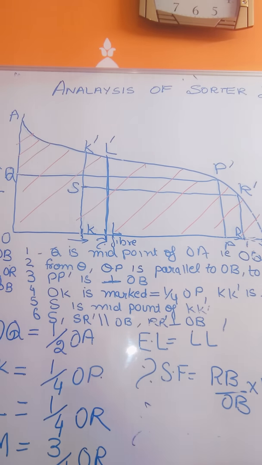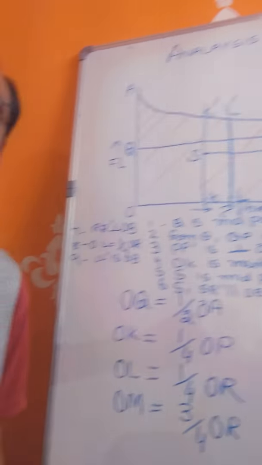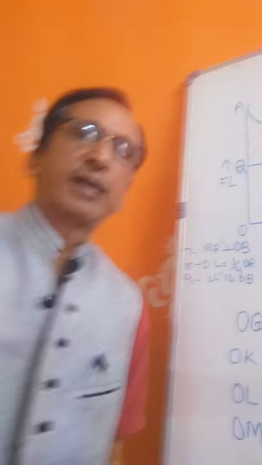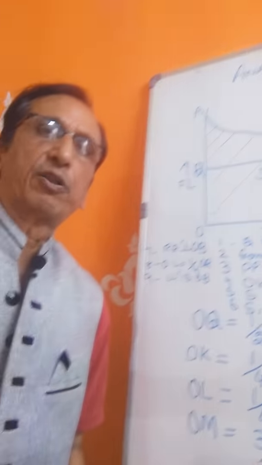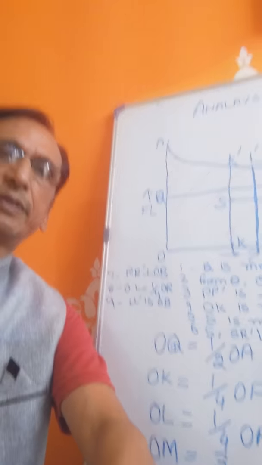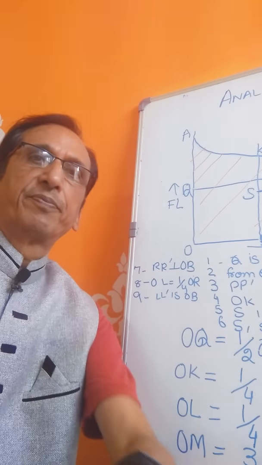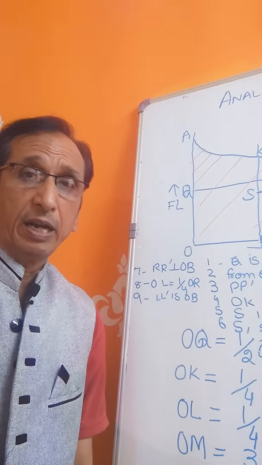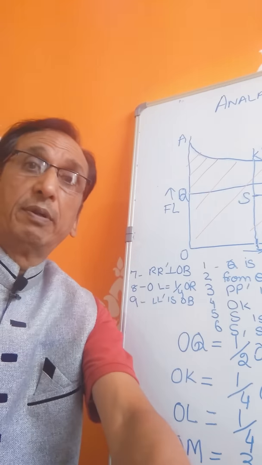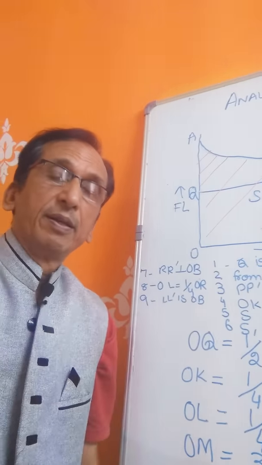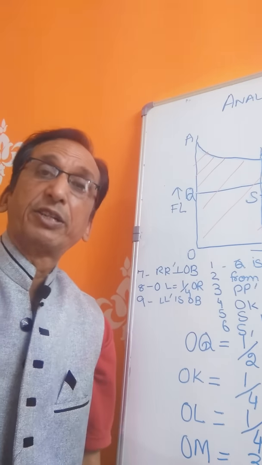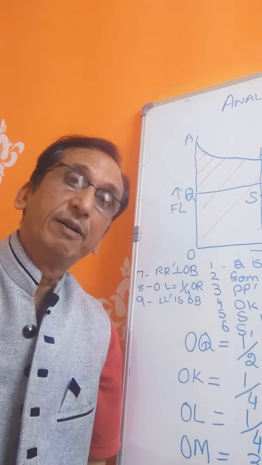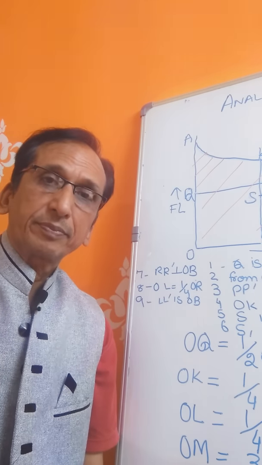So friends, as you have seen, from the Baer Sorter diagram we have calculated the different parameters, and we can use these parameters in finding out the comber efficiency, that is the fractioning efficiency, how much improvement in the mean length there is by the comber.